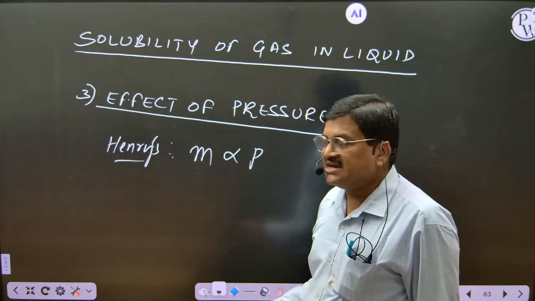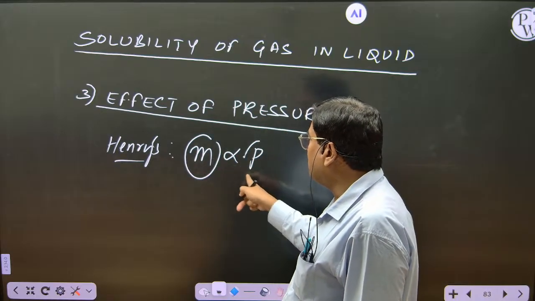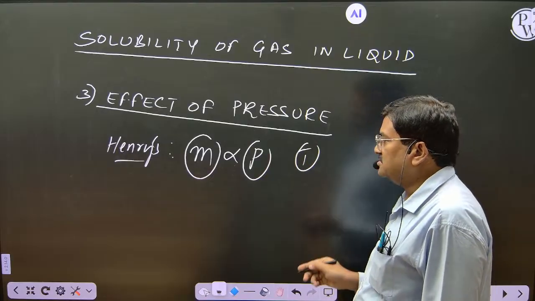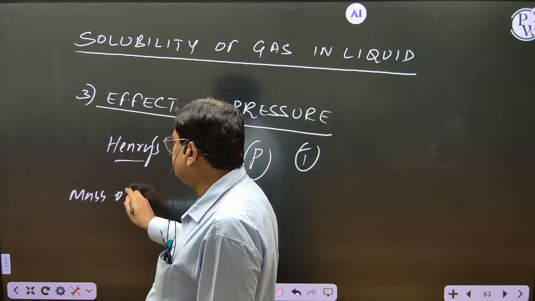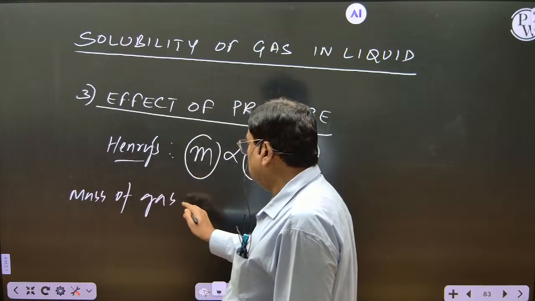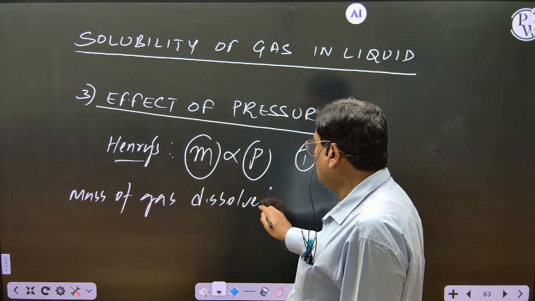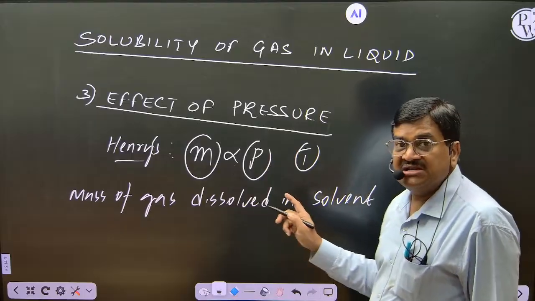Partial pressure of the gas. Yesterday we wrote this relation, where M is mass of the gas, P is what? Partial pressure. Keeping what constant? Temperature constant. So what is the statement given by Henry? Mass of gas dissolved in solvent at a given temperature, keeping temperature constant.